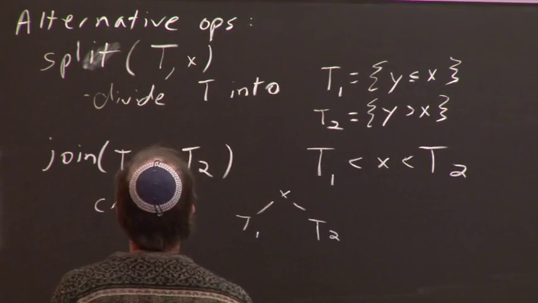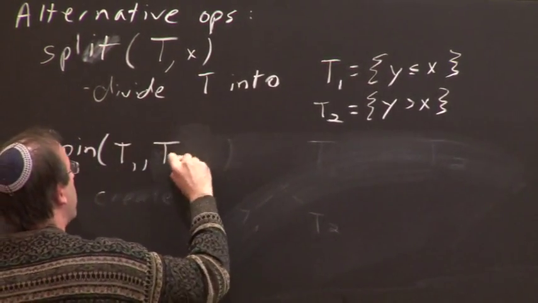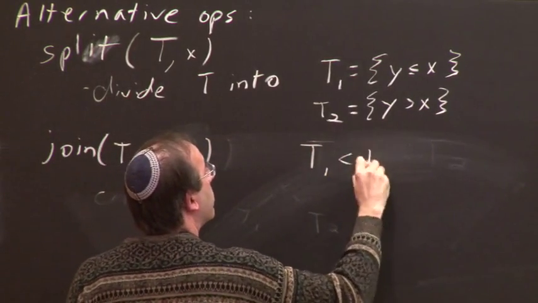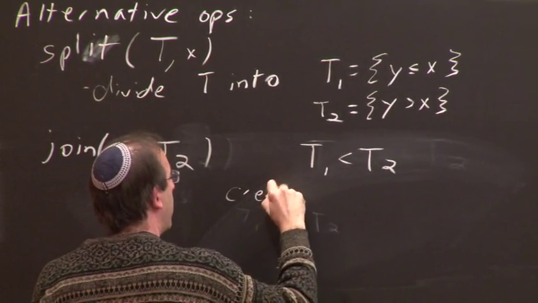Actually, now let me give a more general join. Let's join T1 and T2 with the requirement that T1 be less than T2, and it creates the combination.